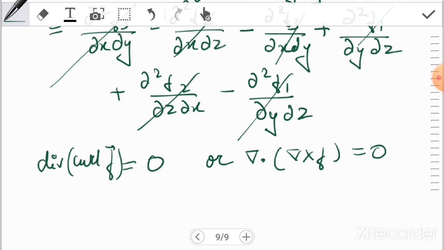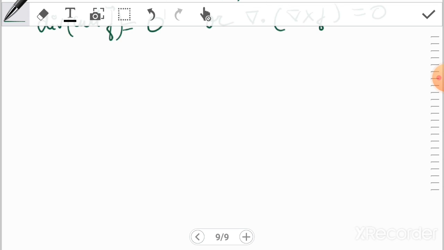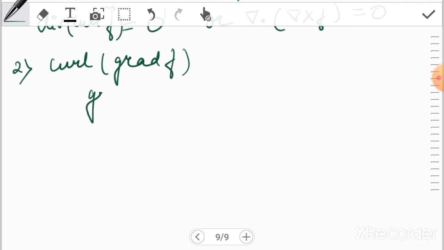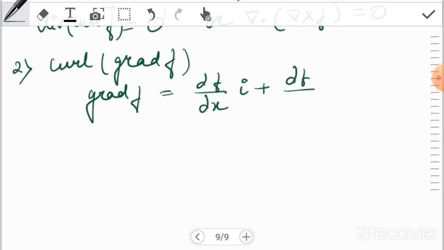Second, let us derive the curl of gradient f. Gradient f is equal to del f by del x i plus del f by del y j plus del f by del z k.